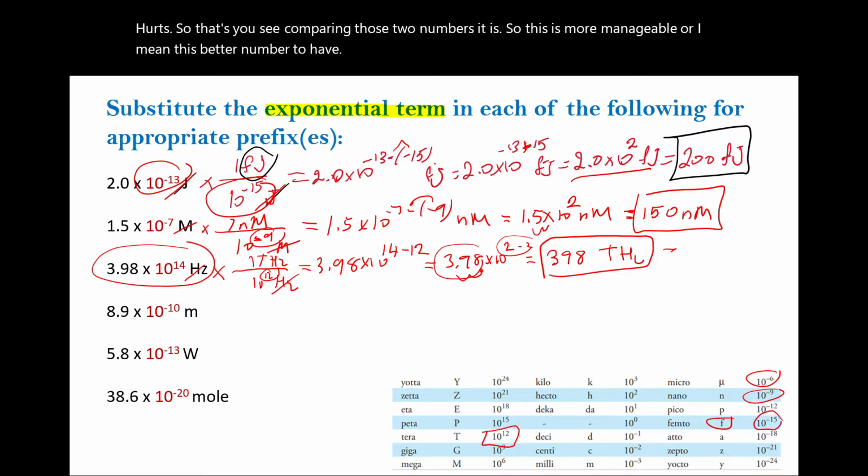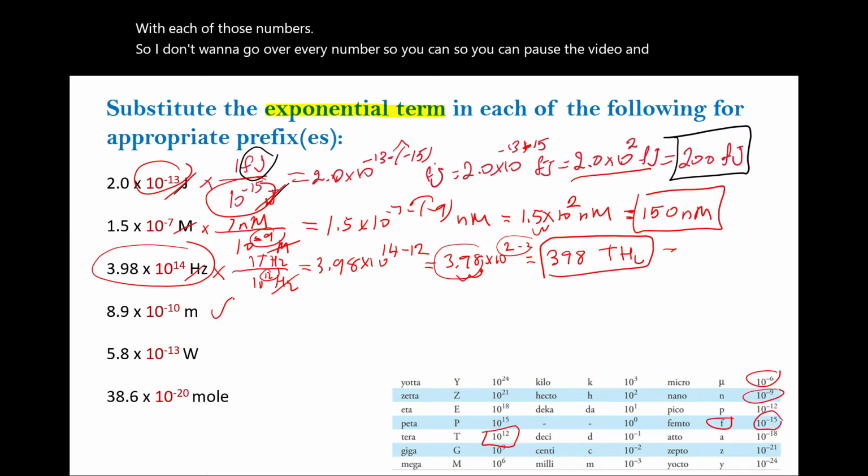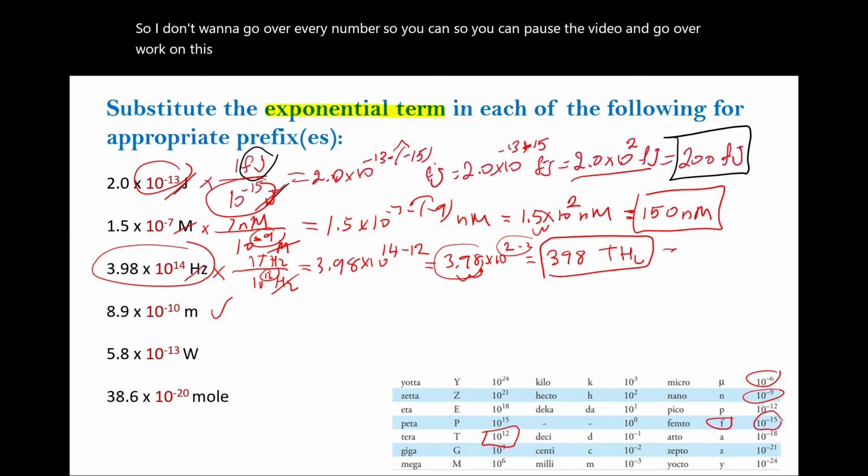So the other ones, you can do the same thing with each of those numbers, and I don't want to go over every number. So you can pause the video and work on this one, 10 to negative 10.